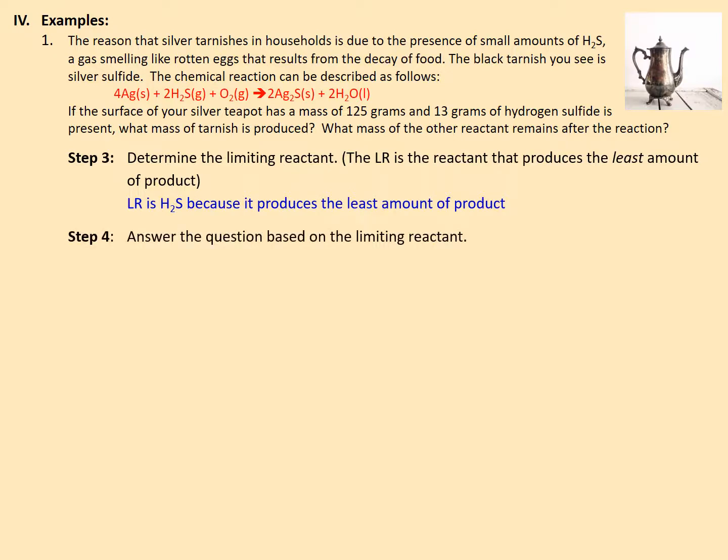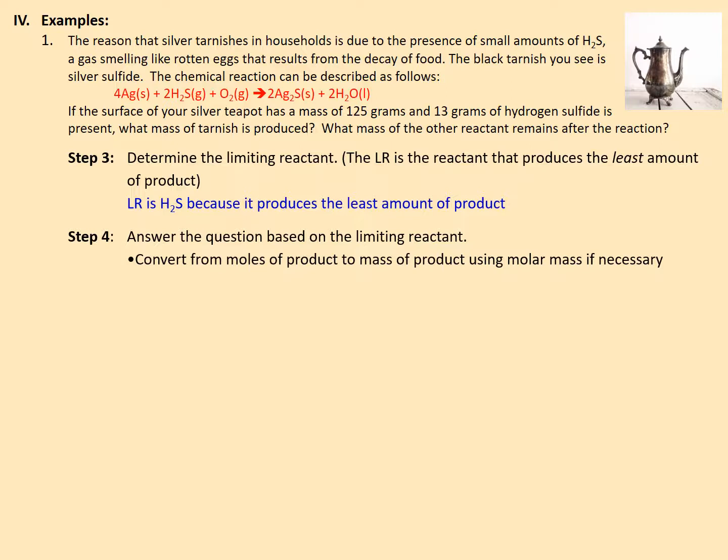So step 4, we need to now finish answering whatever questions are posed to us in the problem based on the limiting reactant. In this problem, we are asked to determine what mass of tarnish, that is what mass of silver sulfide, is produced. Now we know how many moles of silver sulfide is produced based on the limiting reactant.